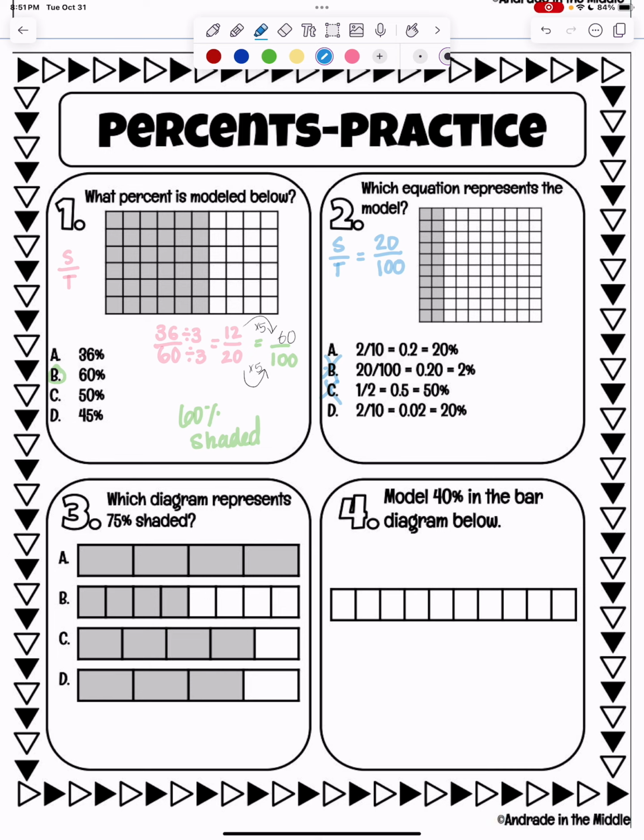Now, both of them say 2 over 10, 0.2, and 20%. So let's go ahead and simplify 20 over 100. Well, I know I can simplify this by 10, which would get me the 2 over 10. Okay, well, that doesn't eliminate anything.